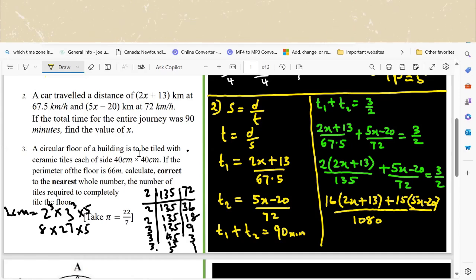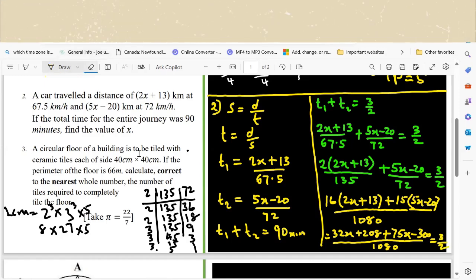Now, this is going to give us 32x plus 208, plus 75x minus 15 times 20, 300, all over 1080 equals 3 over 2.